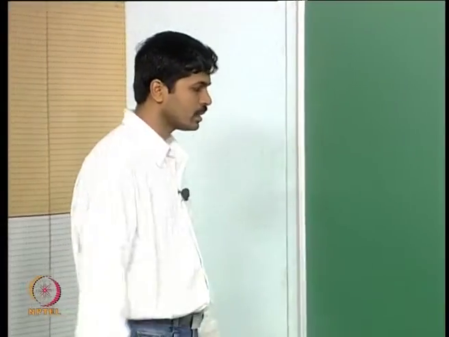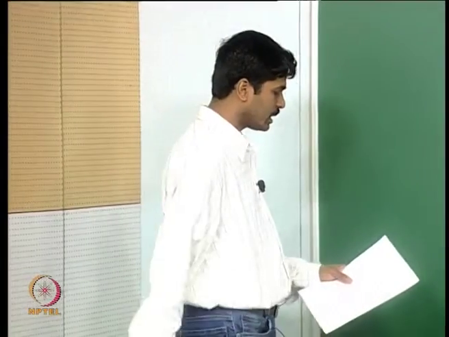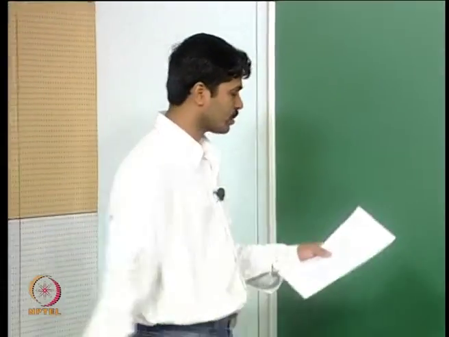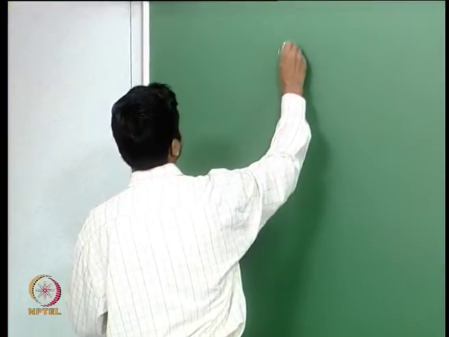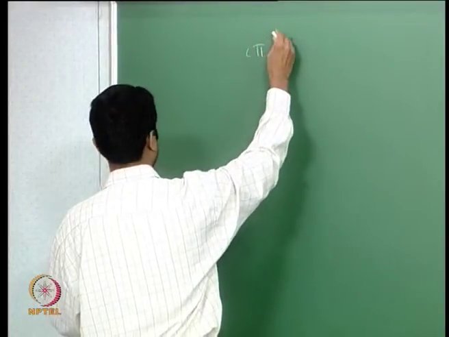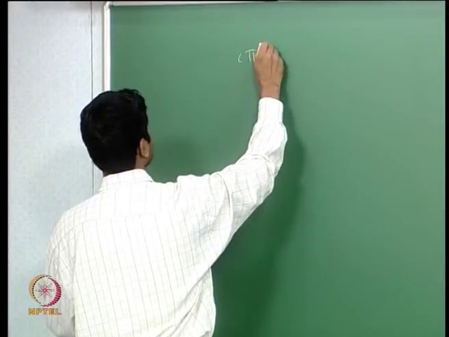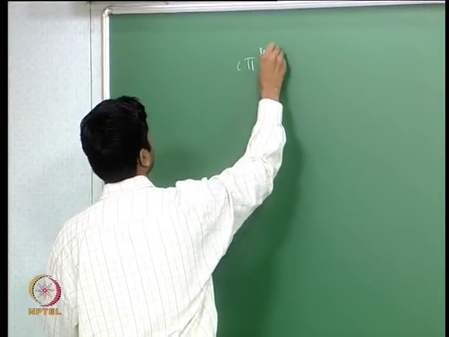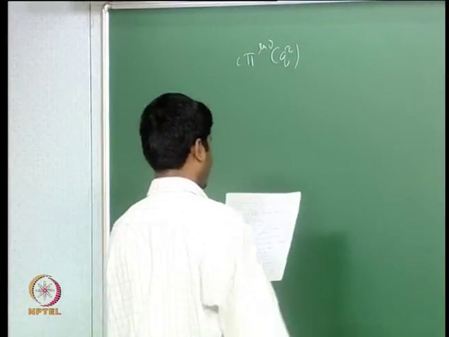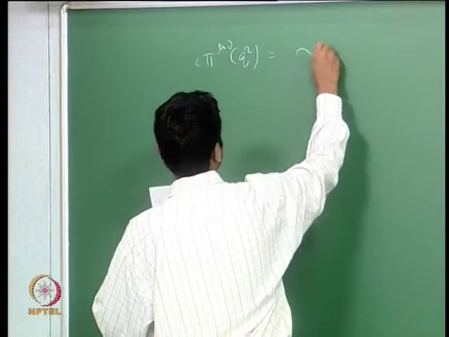So, we have been discussing the photon self energy. In the last lecture, we started computing the second order contribution to the one particle irreducible function, Pi mu nu of q square.